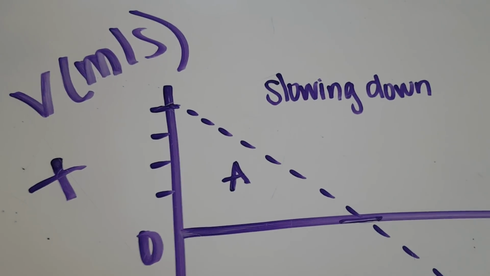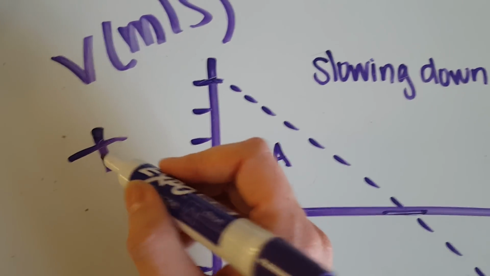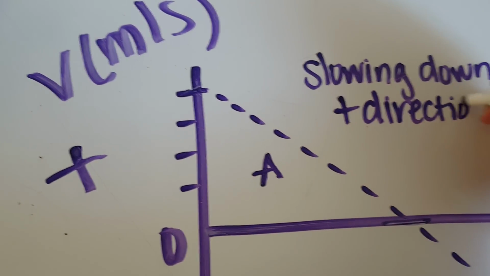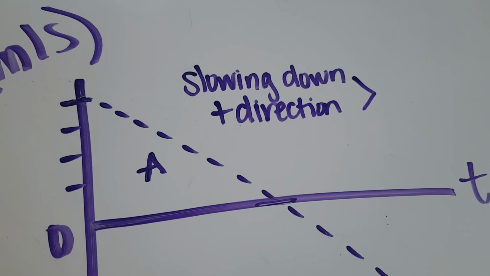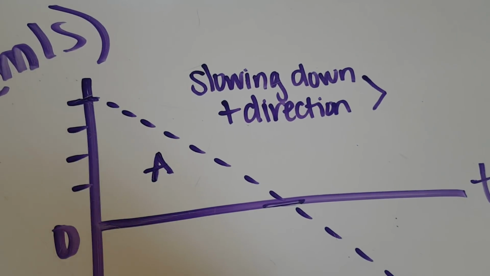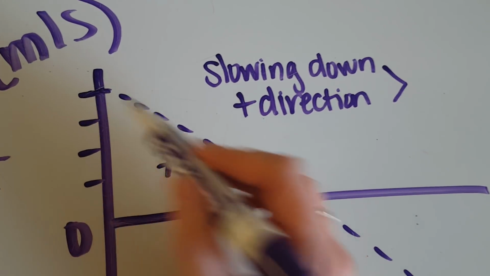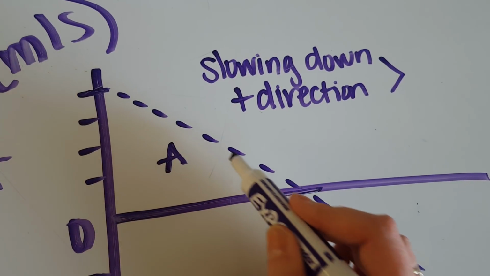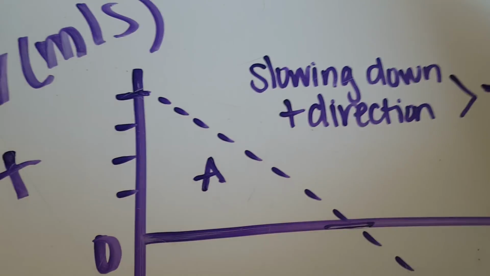Well, check this out. It's above the x-axis, right here. It's in the positive quadrant, therefore, it's a positive direction. Now, the combination of these 2 events tells me whether it's positive or negative acceleration. This particular object is slowing down in the positive direction. Look at the slope that creates. It creates a negative slope. Therefore, that is negative acceleration.